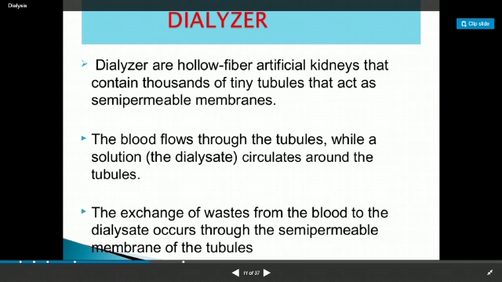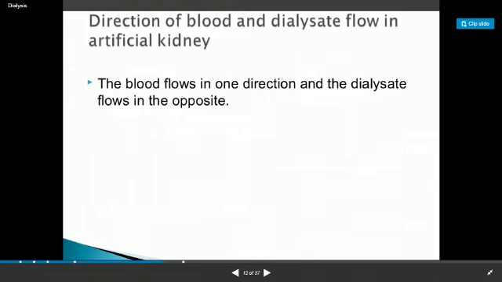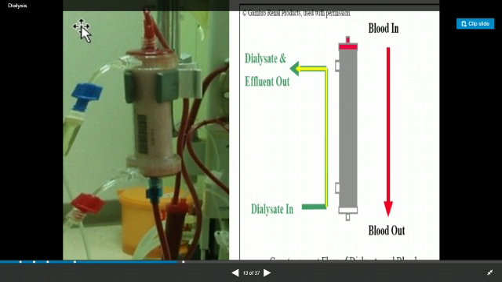The exchange of wastes from the blood to the dialysate occurs through the semi-permeable membrane of the tubules. The blood flows in one direction and the dialysate flows in the opposite. This figure represents how the blood and the dialysate move in opposite directions.